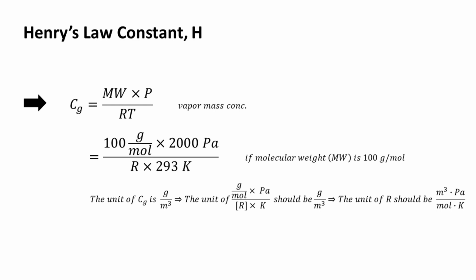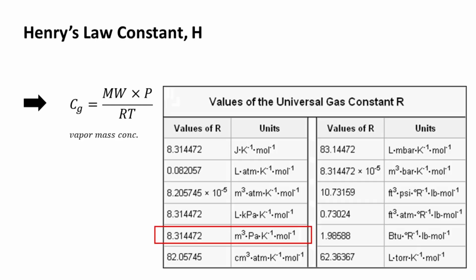Since on the left side of the equation we have gram per cubic meter, it is expected that the same unit will be derived on the right side of the equation. Hence, the gas constant R should have a unit of cubic meter Pascal over mole Kelvin. As a result, R equals 8.14472 cubic meter Pascal over mole Kelvin.